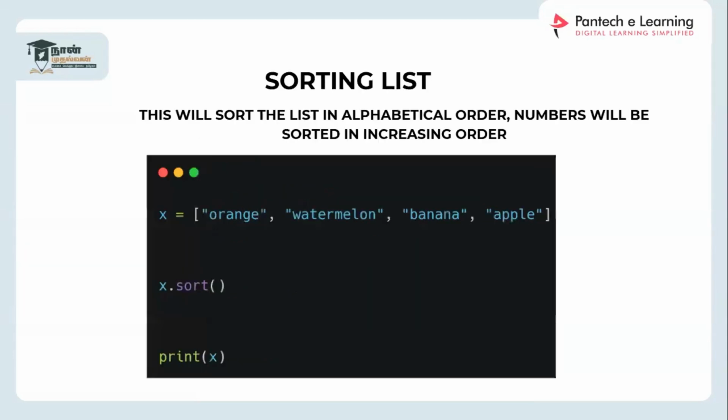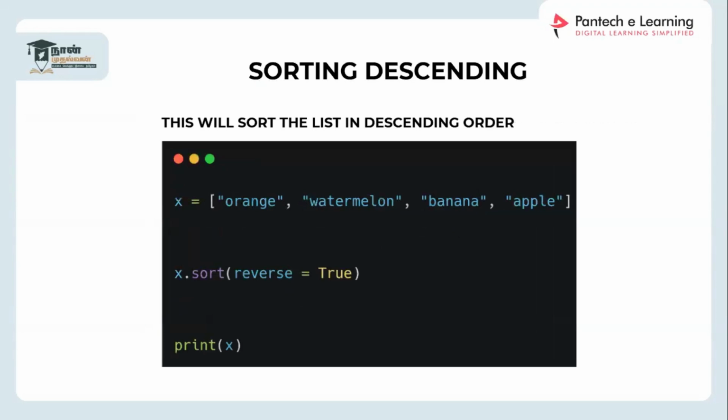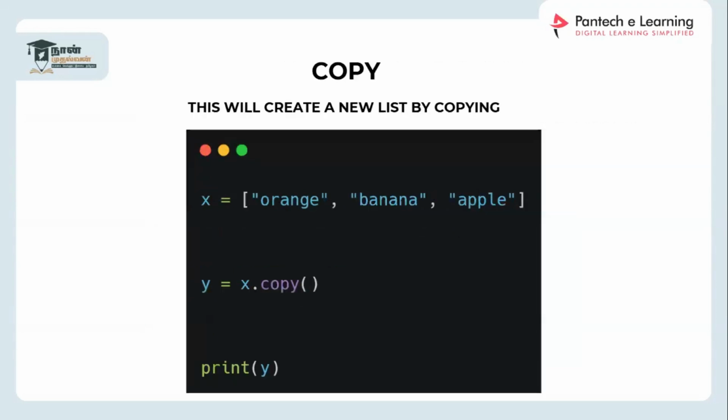Sorting a list arranges the values in alphabetical order, starting from A to Z. Descending means arranging the values from Z to A, that is the reverse concept. The copy function is used to copy a list into another duplicate list.